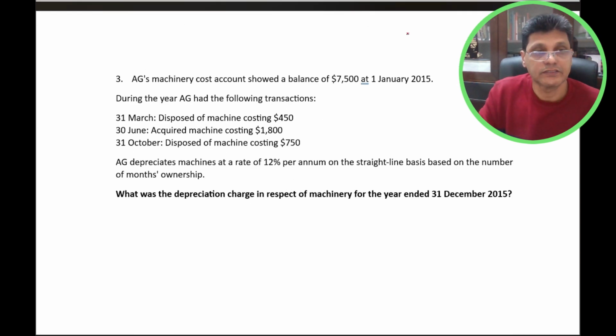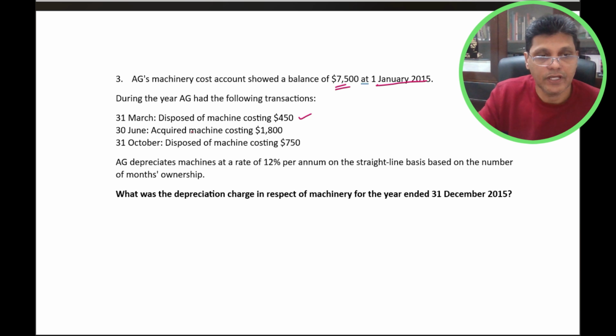The other question, let's go through the question. AG's machinery cost account showed a balance of $7,500 at 1st January 2015. Okay, so this is the opening balance. During the year, AG had the following transactions. 31st March, disposed of machine costing 450.